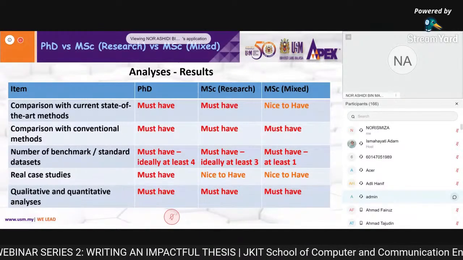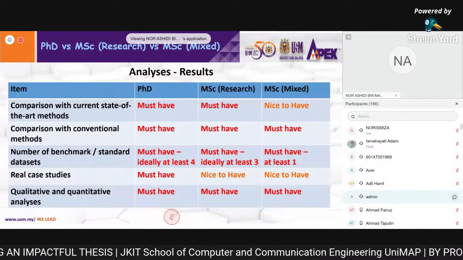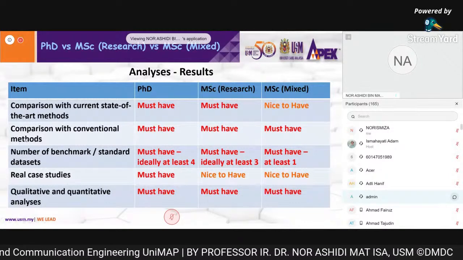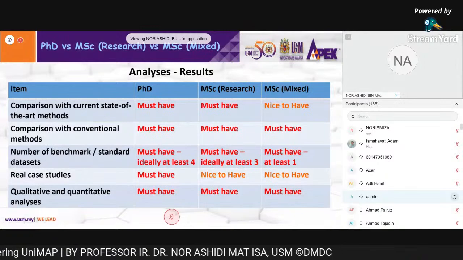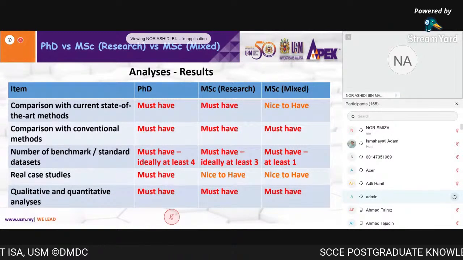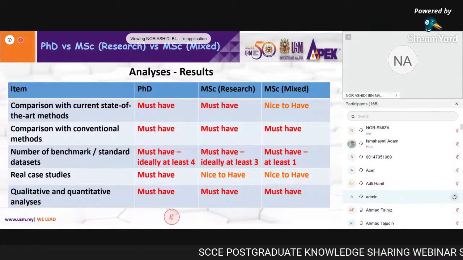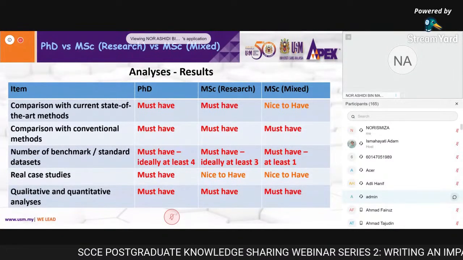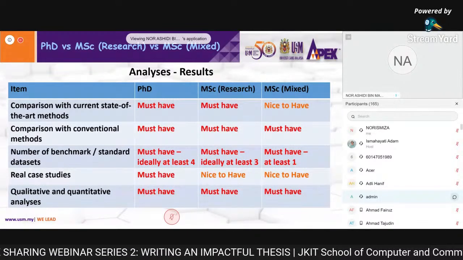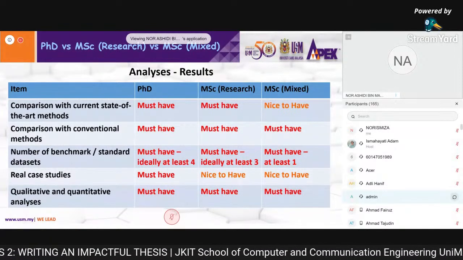Okay, so there are two types of comparison. The first one we call the comparison with conventional methods. Let's say you want to have a new architecture of neural networks, the ANN, then you modify the architecture from the basic neural network, which is the multi-layer perceptron, MLP. MLP is a basic neural network.